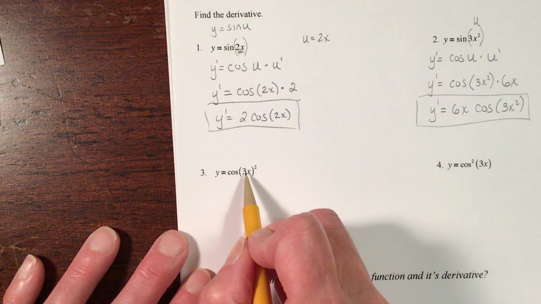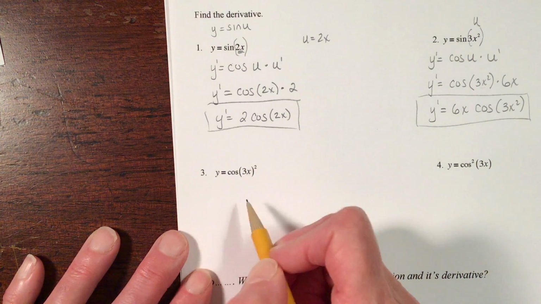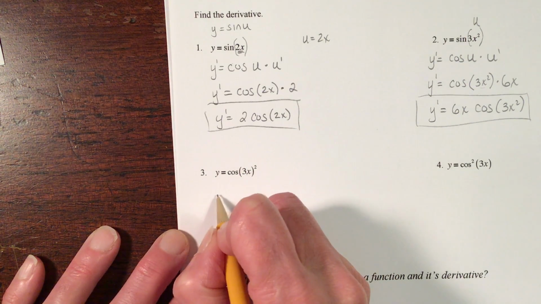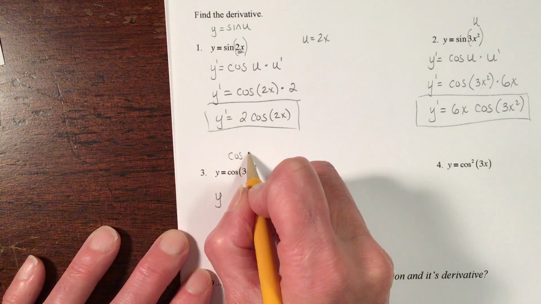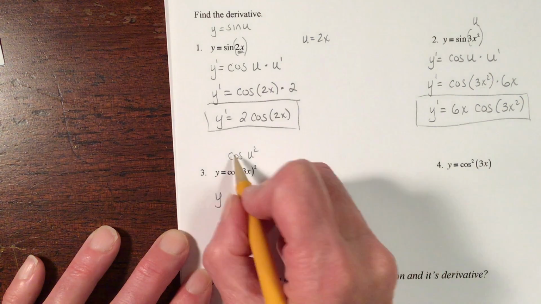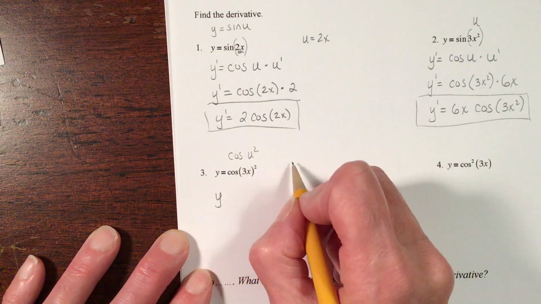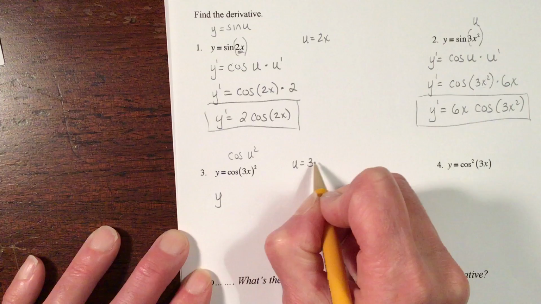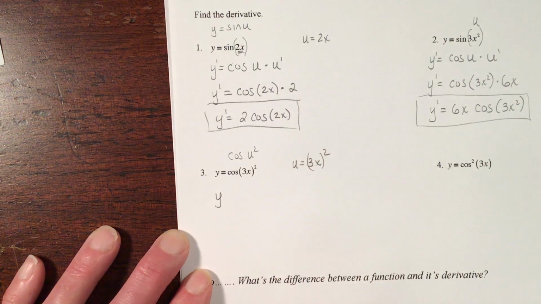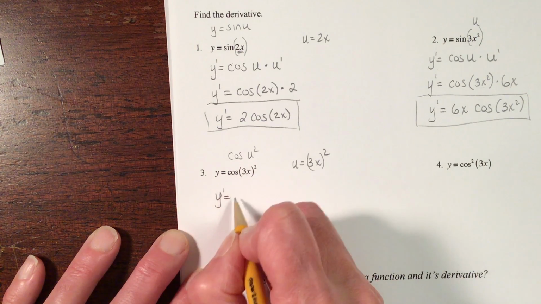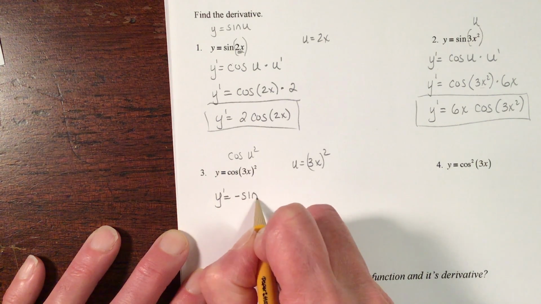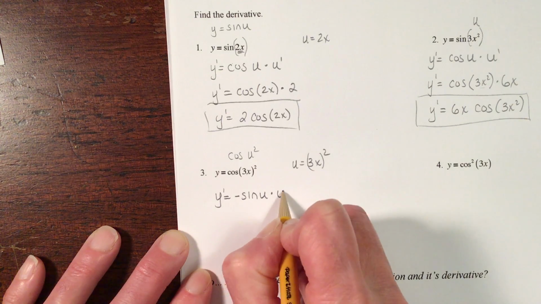Y equals cosine of u squared. So I'm going to look at this just for a second. So I have u squared. Okay, so I'm still dealing with u is going to be 3x squared this time. So y prime is going to be, the derivative of cosine is negative sine u times u prime.